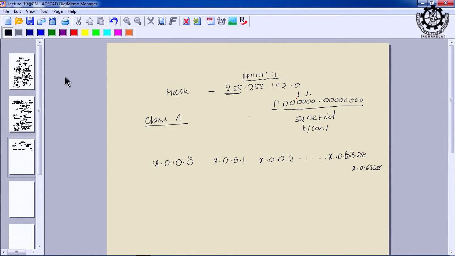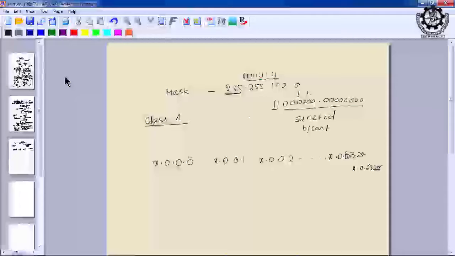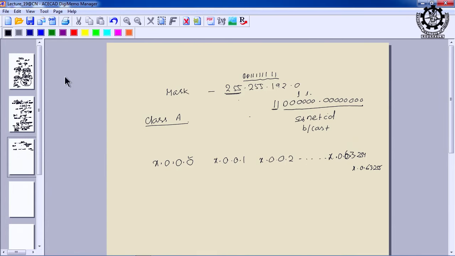So till that point, how much will you get? This will be something like x dot 0 dot, if these two are 0 and the rest are 1, what will happen? 63? Yes or no? The rest 6 are 1: 1, 2, 3, 4, 5, 6. What is this? 63. Then again the rest are all 1. How much? 255. So what is the last number then?